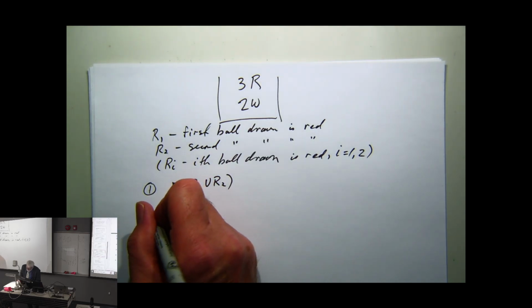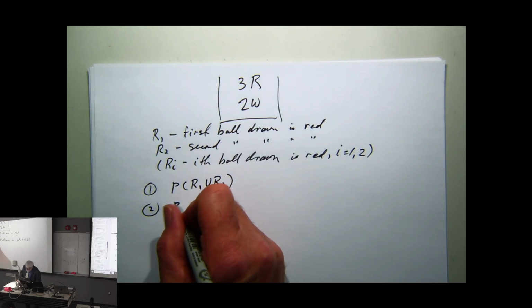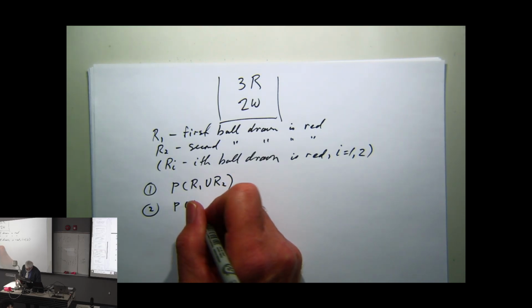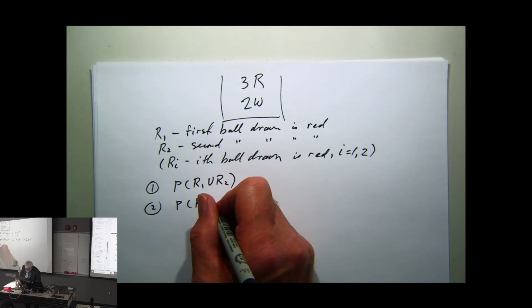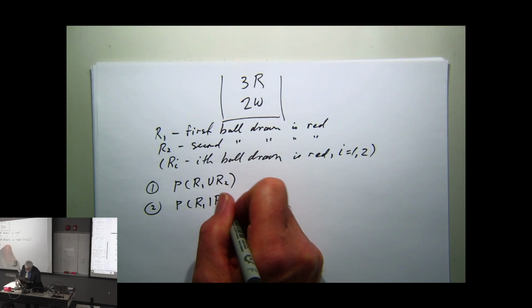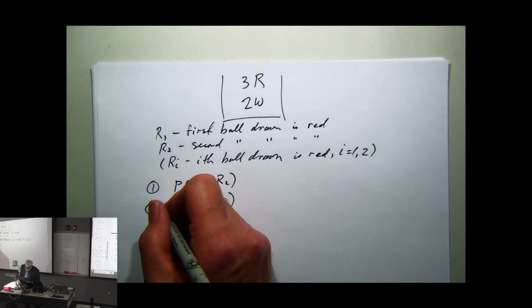The second question says, what's the probability the first ball drawn was red if the second ball drawn was red? That is asking the probability of getting a red on the first, given I got a red on the second. Okay, that's not as simple as it might appear.